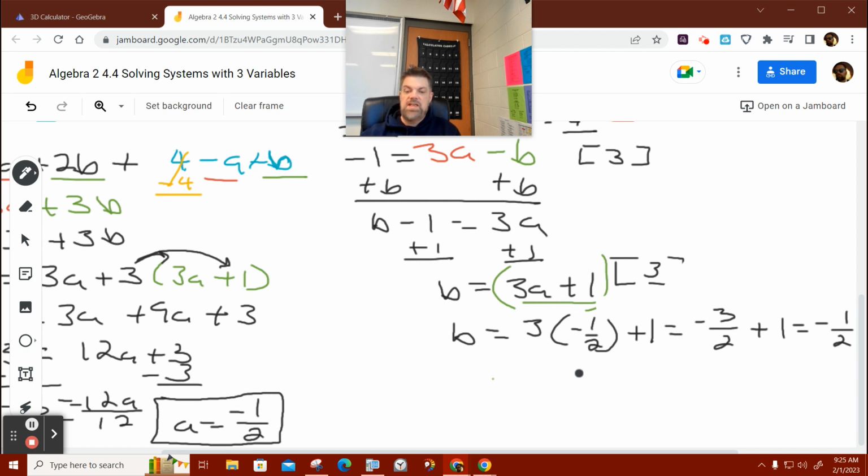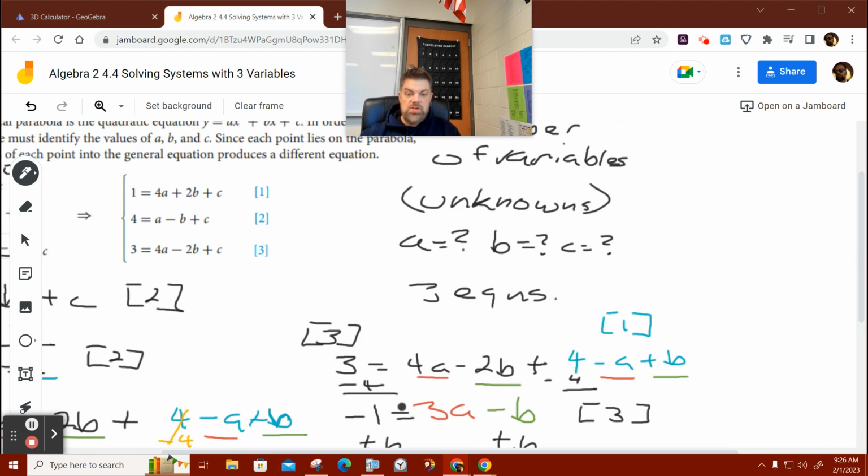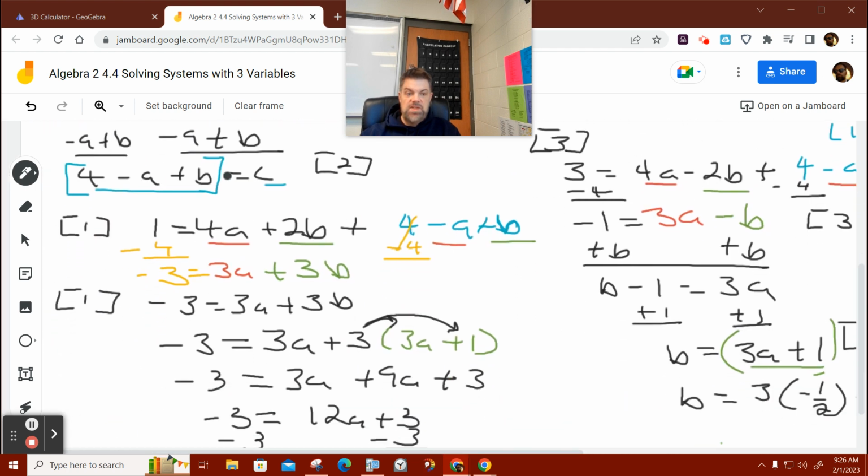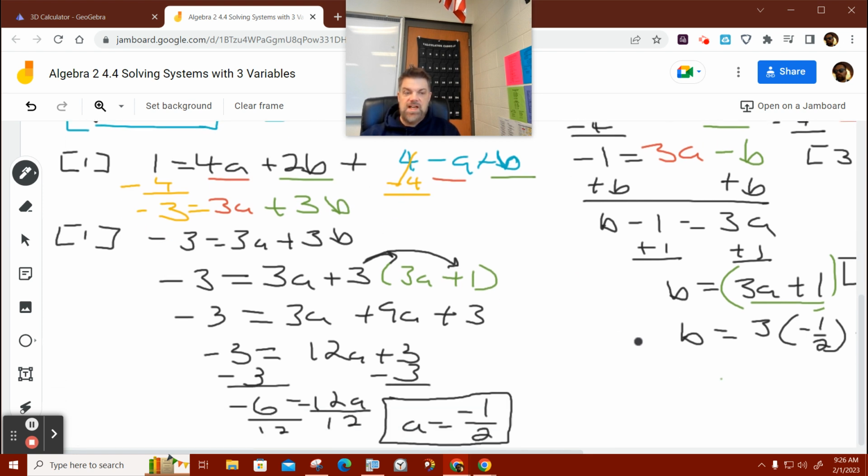So now I know what B is. B is negative 1/2, right? So we'll say B equals negative 1/2. Now I just need one equation that is set equal to C and plug these in. Well, somewhere over here, I remember solving for C way at the beginning, right? This one, right? So for this one, this is kind of cool. I'm going to copy it down here because I got a little bit of room.